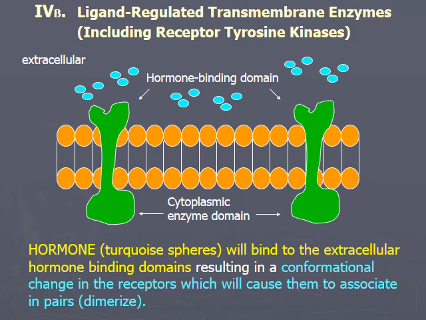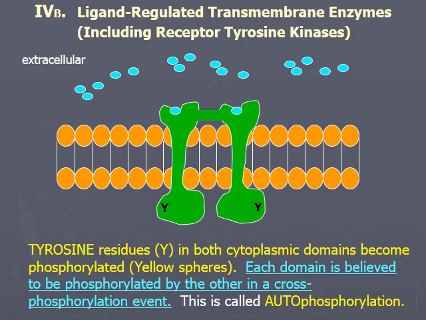Well, in a simple model like I've drawn for you here, those blue circles would represent insulin. They're going to bind to their receptor, and the receptor is going to exhibit a conformational change, which I've artistically drawn for you as this little flap coming out. It doesn't really necessarily look like that, but there's a conformational change that results in a pairing up of receptors.